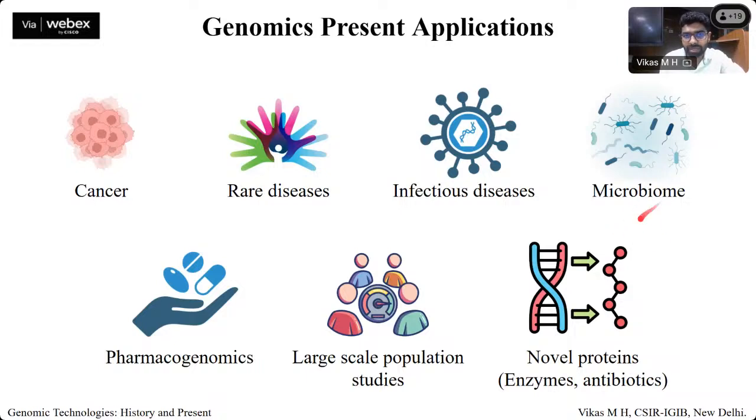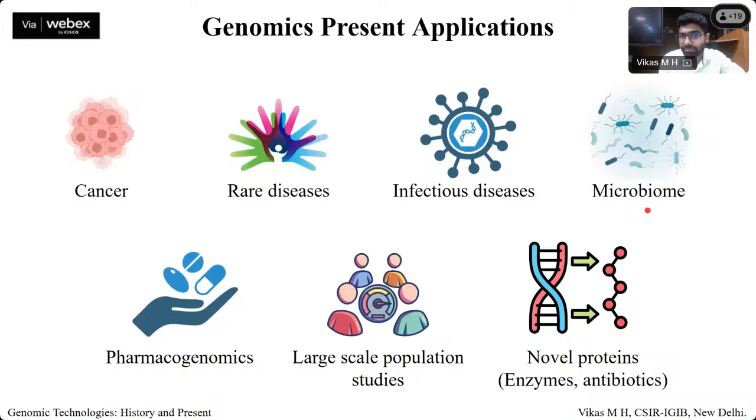Say you have hot springs, or the salt content is very high, or there is metal contamination. The microbes living in those conditions will have a lot of genetic modifications or differences compared to the normal population, which gives them the ability to thrive in those harsh conditions.